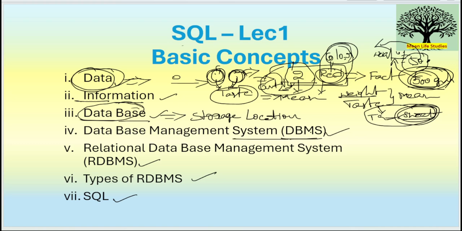DBMS, database management system, is a software tool, and by using this software tool we create databases, and we create and modify data in the databases. In databases, we are going to store any amount of data. Now, in these databases, we'll be storing our data in file format.